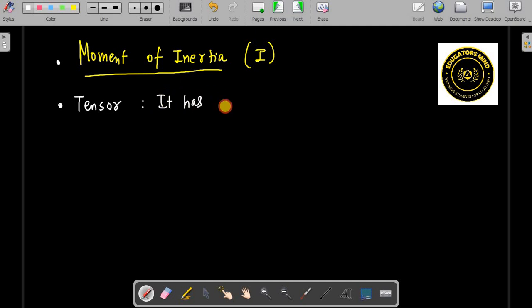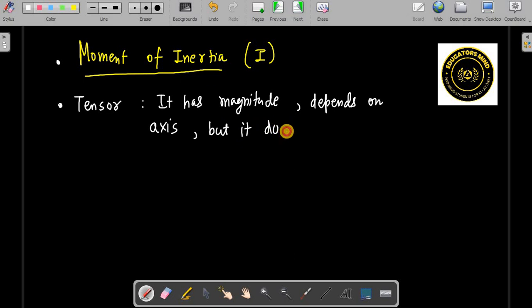It has magnitude, and it has direction based on different axes, because the calculation of moment of inertia is different for different axes. It depends on the axis, but it does not obey the vector law.